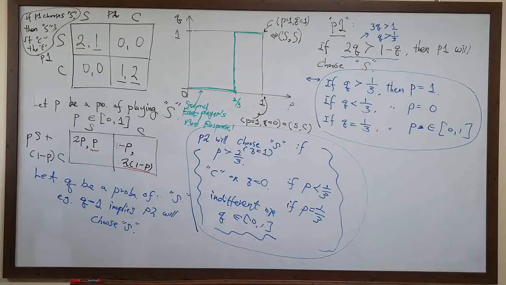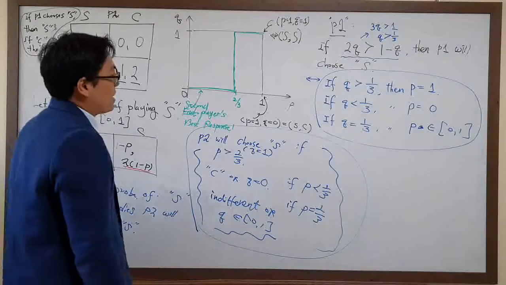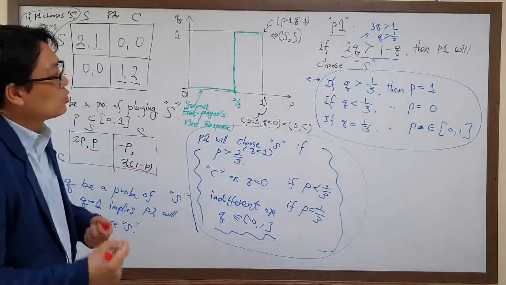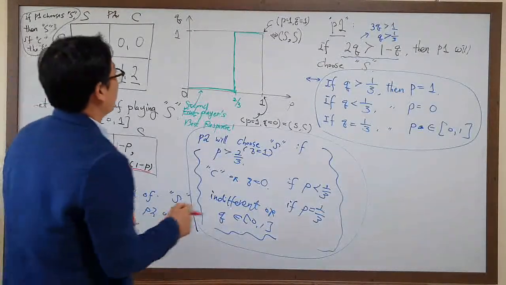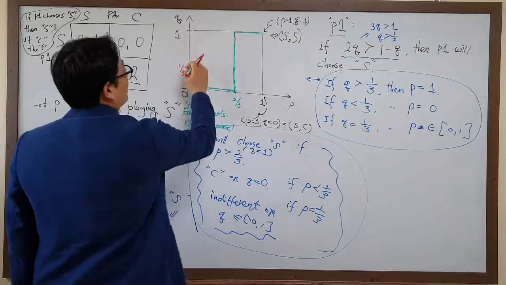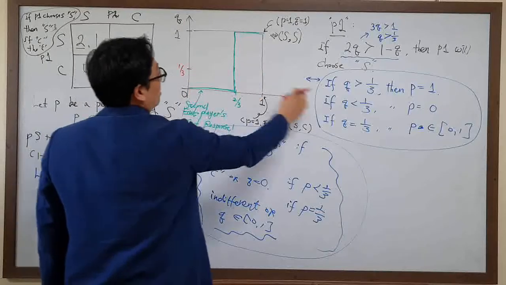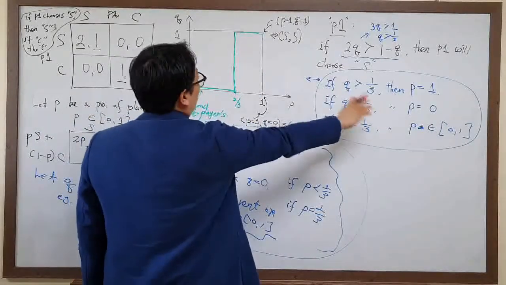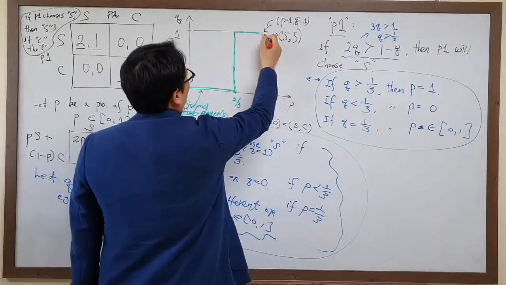Likewise, I can draw the first player's best response. The first player said that if Q is greater than 1/3, here this is 1/3, player 1 will play S, P equals 1.